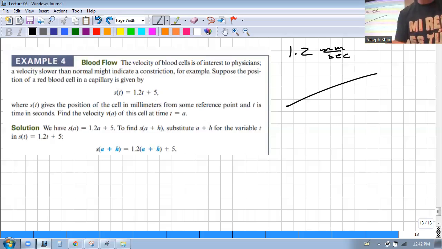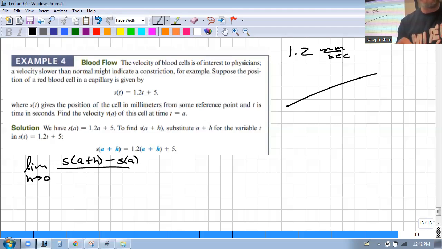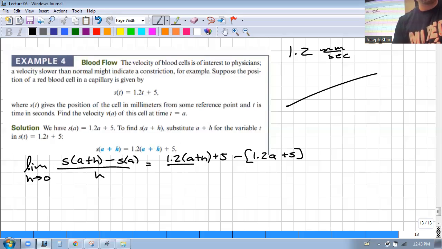All right, well, let's do the math. So we want to know the rate of change, so h goes to 0. We want to do at time a plus a little bit, and then time a, and the change in time is h, and h is going to get smaller and smaller. So S of a plus h, we got 1.2 times the input plus 5, minus 1.2 times the input plus 5, all over h.